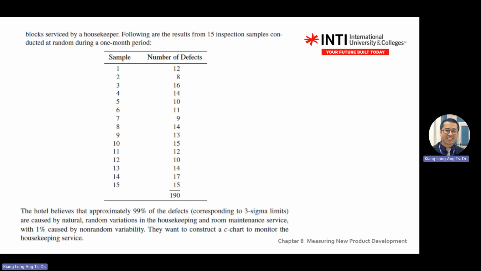Okay, so you have samples 1 to 15 and the number of defects. The first sample means the first day we go and inspect, and 12 defects were detected on the first inspection. Second day, 8 defects and so on. So the total defects is 190 in the inspector report for the 15 samples.